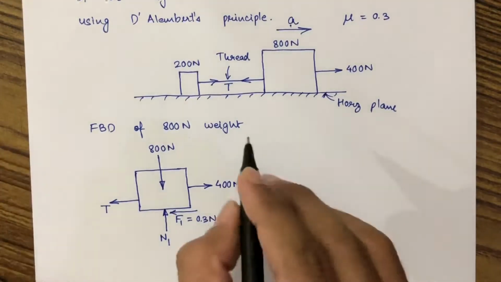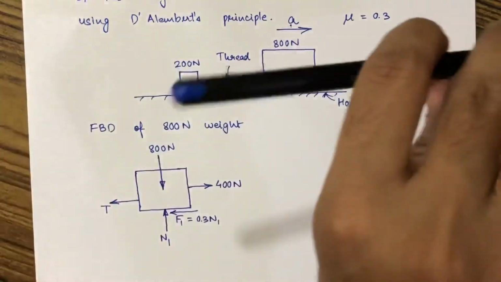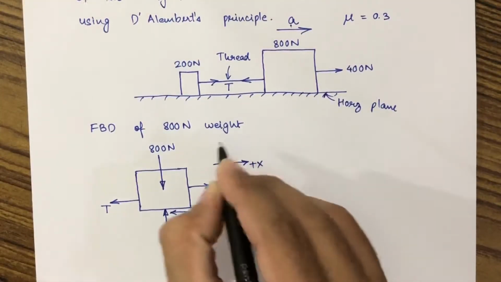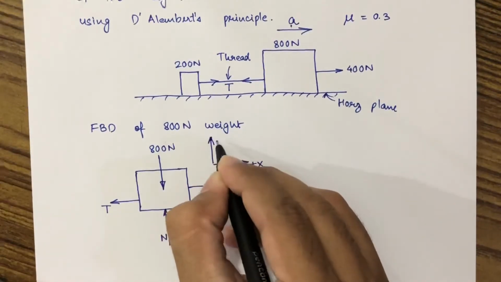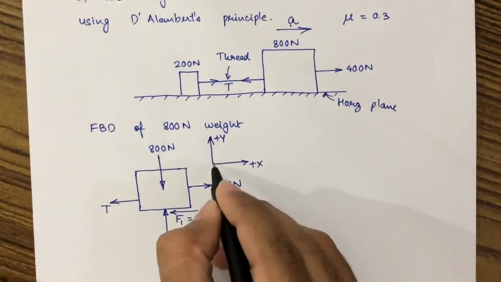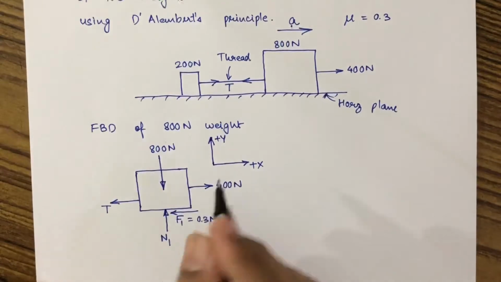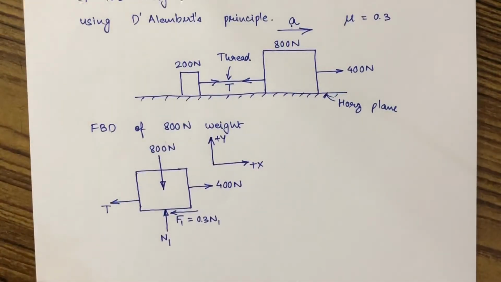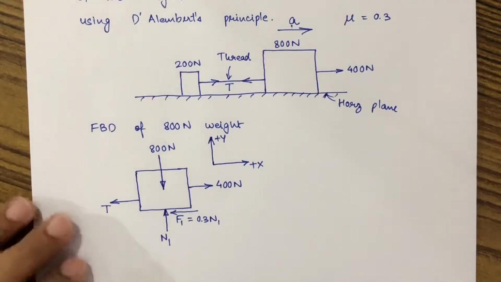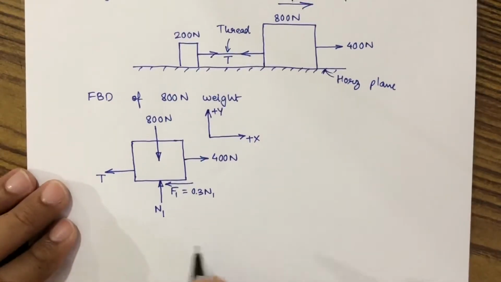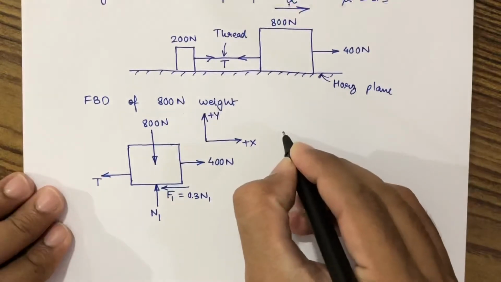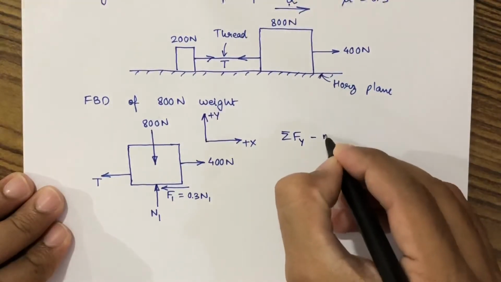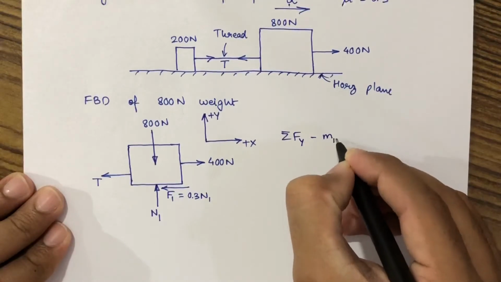Now as this box is moving in this direction, we will say that this is plus X and this is plus Y. We are just assuming this. So the opposite will be minus X and minus Y. What is the first condition of equilibrium? We know that summation Fy minus M1 into A is equal to 0.